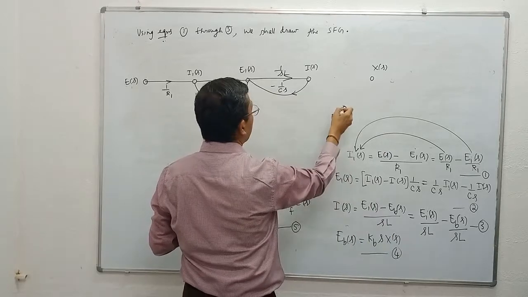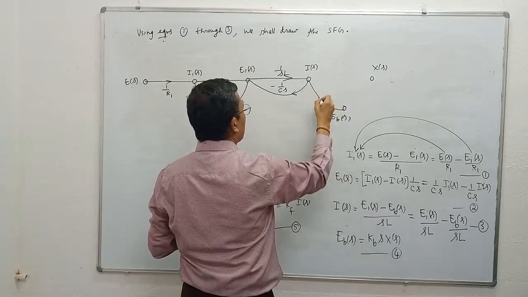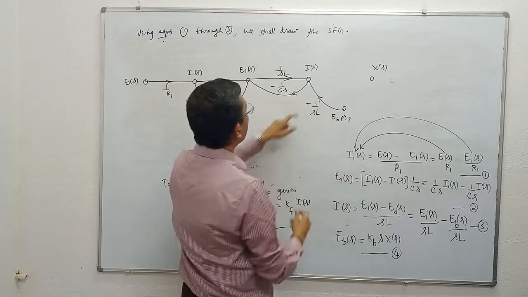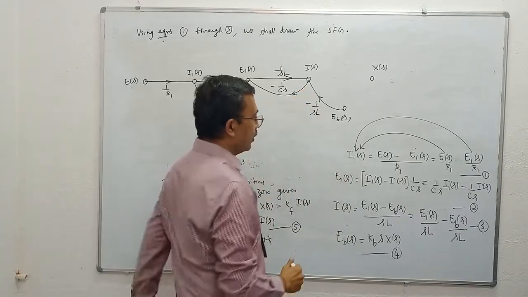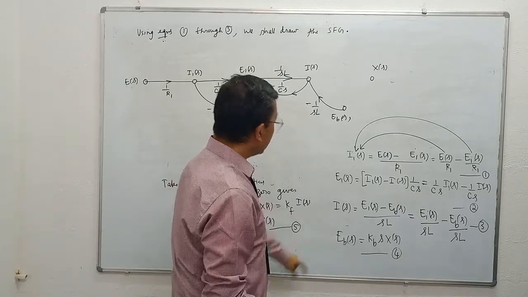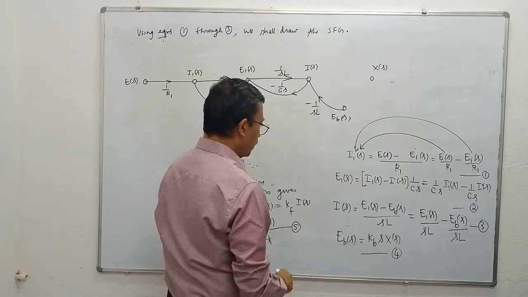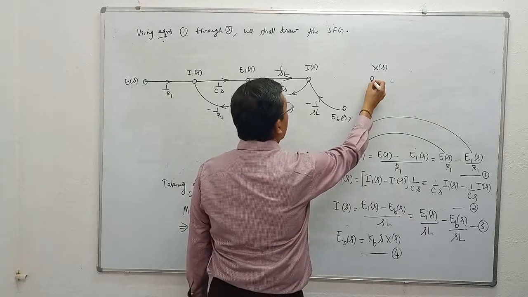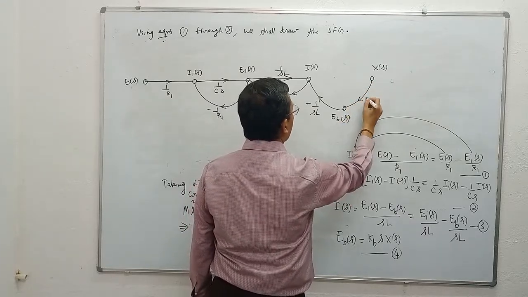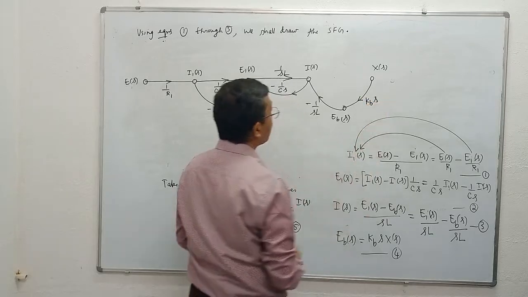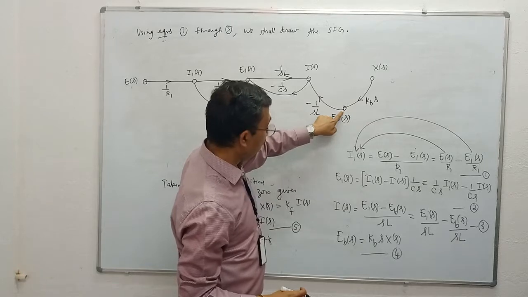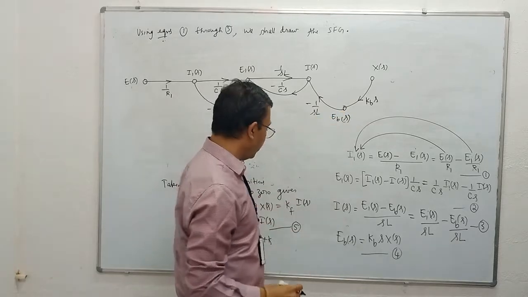Take EB of s, multiply EB of s by minus 1 by SL and give it to I of s. Next come to this equation. EB of s is equal to KB into S into X of s. So X of s multiplied by KB into S must be equal to EB of s. Equation 4 also is taken care.